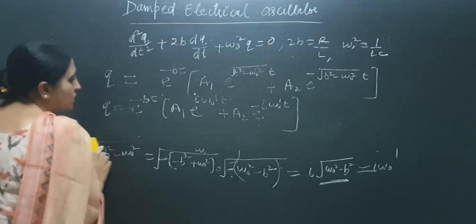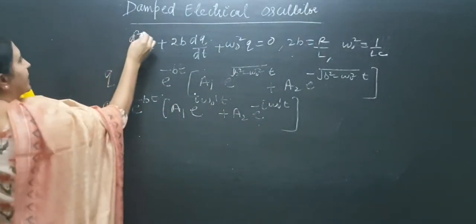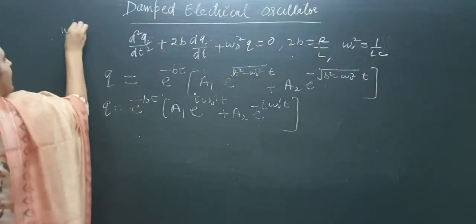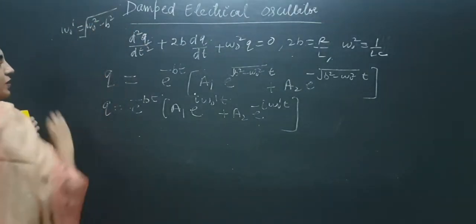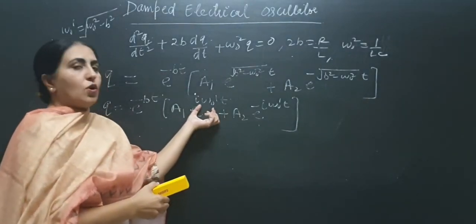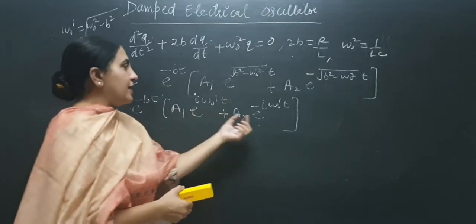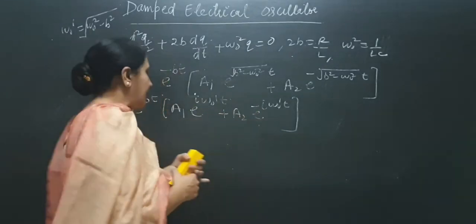So this is Q, where omega naught dash is equal to omega naught square minus b square under root. Okay? So e raised to power iota x is equal to cos theta plus iota sin theta, e raised to power minus iota x is equal to cos theta minus iota sin theta.